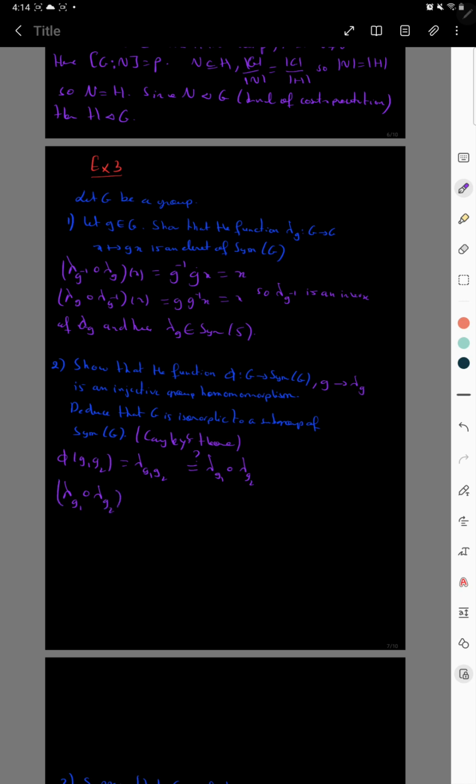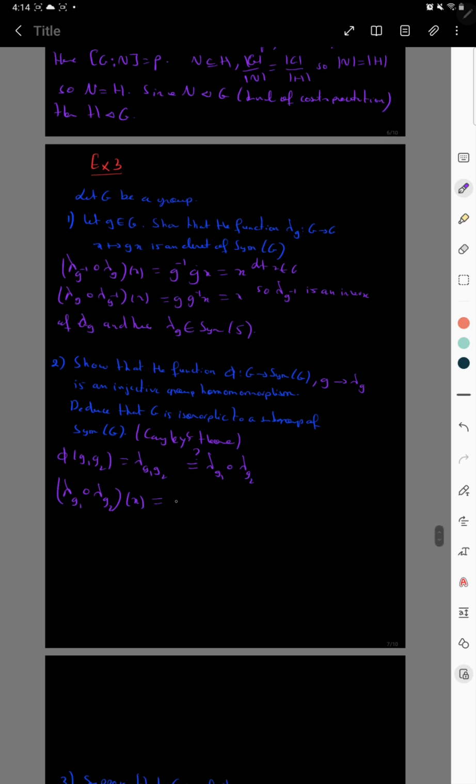So let x be in G. To show that two functions are equal, I just need to evaluate at an arbitrary point and show that these two functions are equal at this arbitrary point. So what is that? This is just lambda_{g1} applied to g2 x, which is just g1 g2 x.